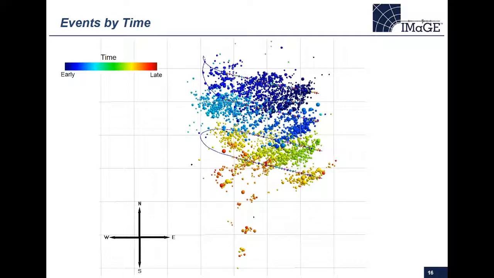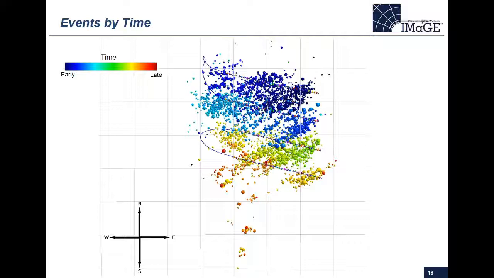So for this particular case study, we had over 1,000 events detected, and once they've been triggered out by InSight and located, we can map them out relative to the well bores, as you can see here, and colored, in this case, by time.